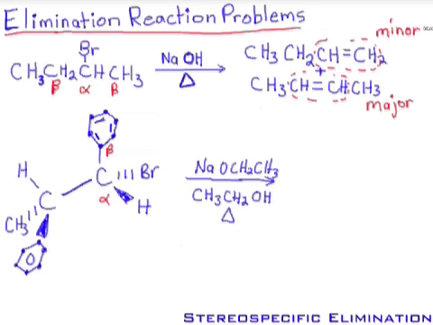So that certainly can't be used to make a multiple bond. The next beta carbon's over here. And there is an H on this beta carbon that we could use. And this H certainly can be removed, but it must be anti to the bromine.